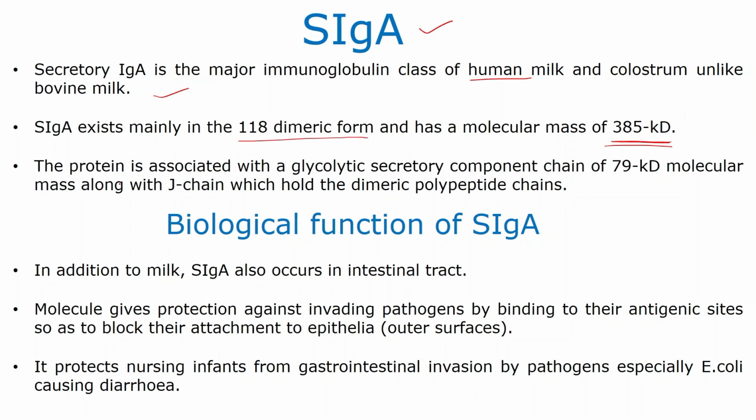The protein is associated with a glycosylated secretory component. I have told you that in the structure we have the secretory component, which has a 79 kilodalton molecular weight, and also the J chain, which has a 20 kilodalton molecular weight, as we have seen previously.